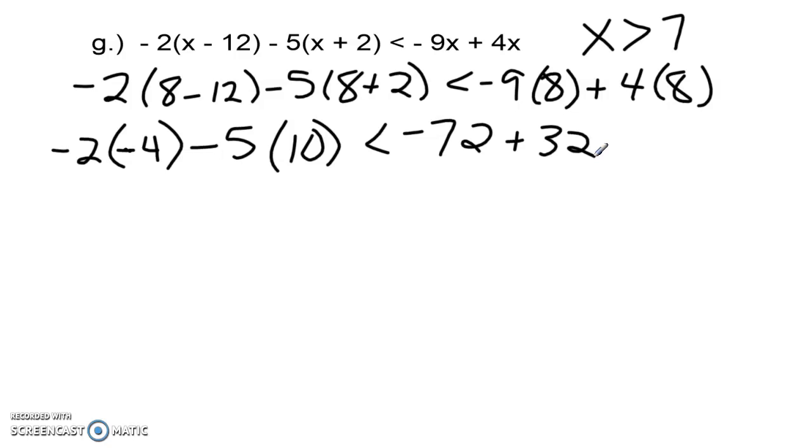Okay, so make sure you're writing this down in your notes because you're going to want to do a check as well on your assignment. So now I'm ready to multiply on the left. Negative 2 times a negative 4 is 8. 5 times 10 is 50. And now on the right, I can just add the negative 72 and the 32, and that's, I believe, going to give me a negative 40.